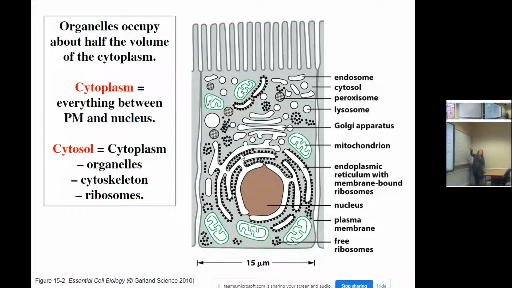And anything that is soluble in the cytoplasm is going to be able to diffuse from place to place. So if we have lots of ATP being produced in the mitochondria, and then they get sent outside the mitochondria, those ATP are able to diffuse all through the cytoplasm and be used just anywhere.